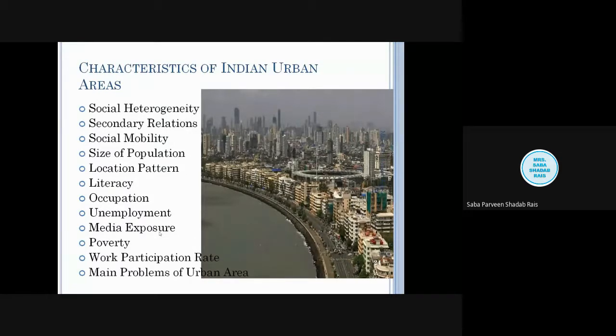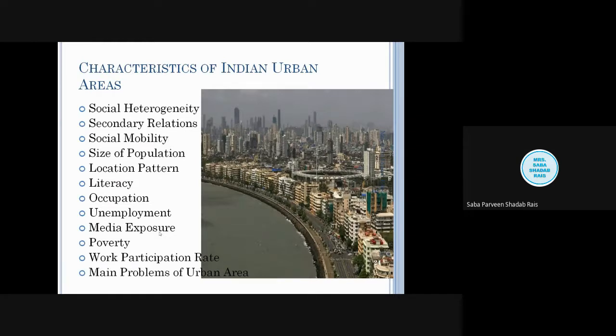This also causes jealousy or antagonistic behavior in poor people, and they may become antisocial elements. And if people are very rich, they become proud, and when they get such a sudden amount of money, they also adopt many bad habits, and they take alcohol and so on. So all such are the main problems of urban areas.